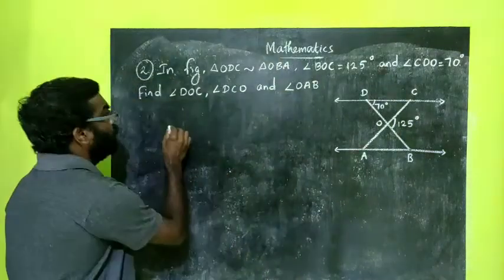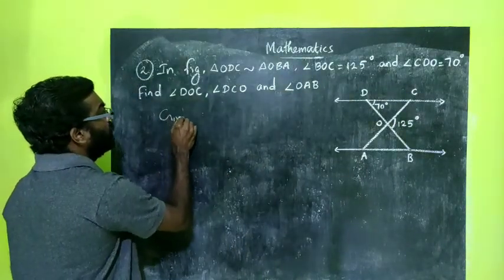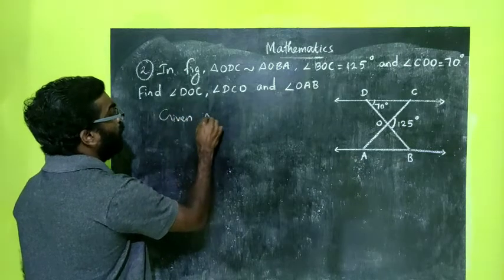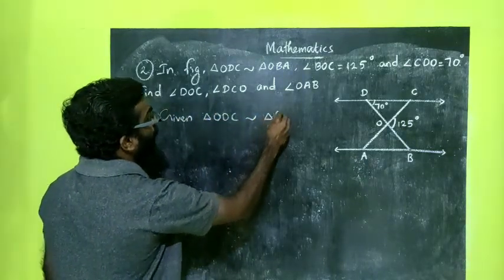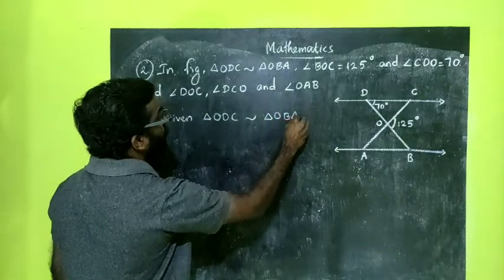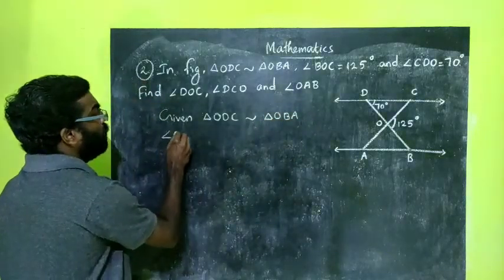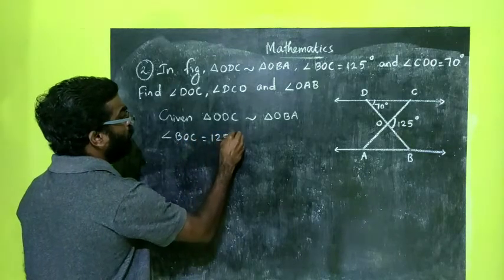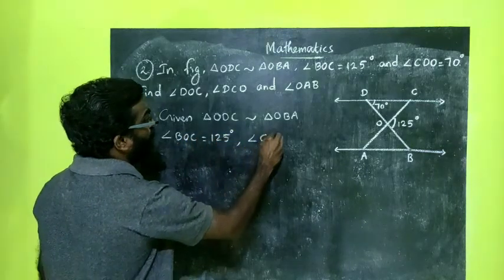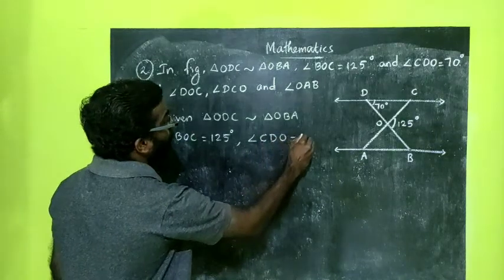So it is given that triangle ODC is similar to triangle OBA and angle BOC is equal to 125 degree, angle CDO is equal to 70 degree.